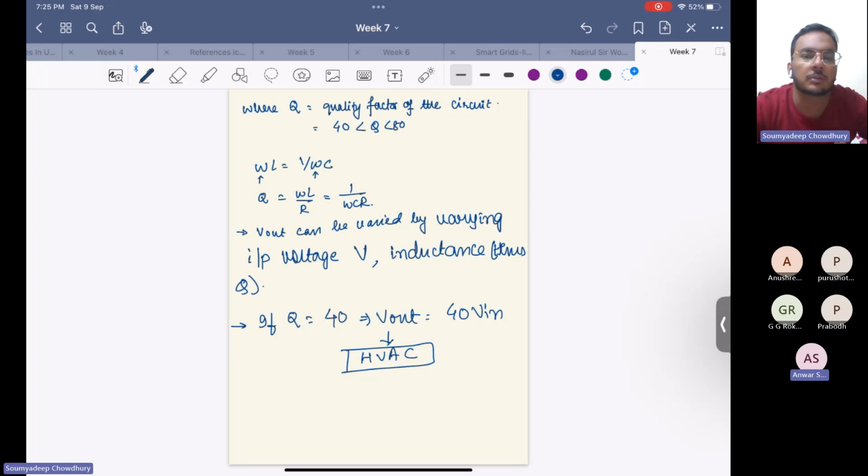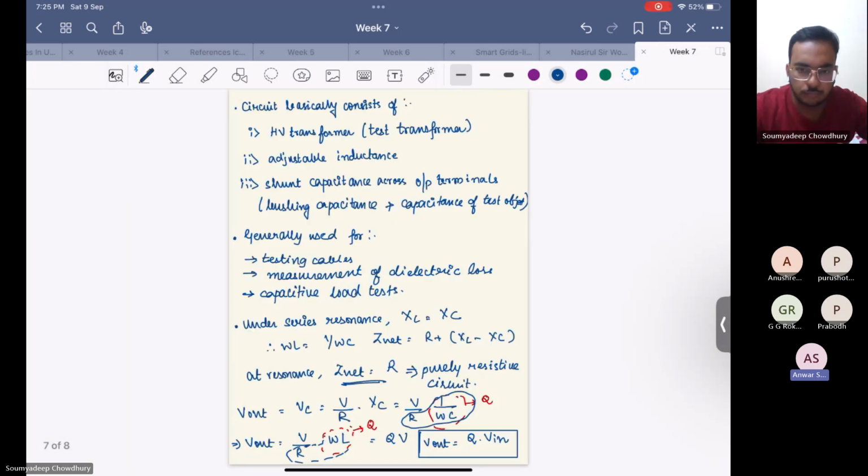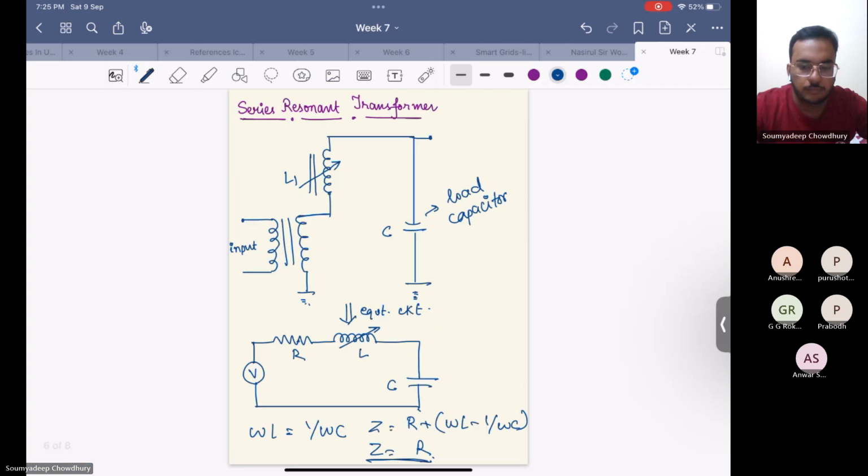These hypot test kits are usually available from 45 kV up to 90 kV. We apply a 230 volt AC supply to it, and we get an output of around 40 kV. Yes, we can do that. I'm not sure what is actually done, but yes, we can use it in hypot testing also.